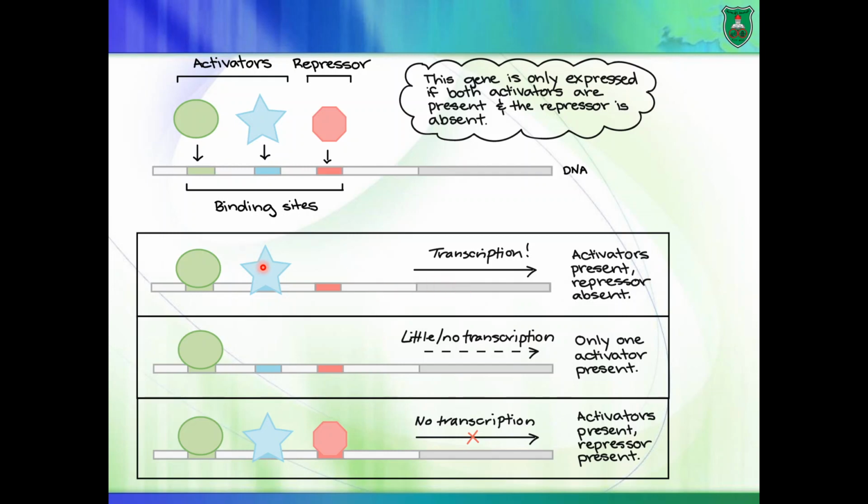So right here, for example, you have an activator that would induce little transcription. If more of these activators bind to DNA, they induce a lot of transcription. If one of them binds, there would be little or no transcription, so having more of them would induce a lot of transcription. If you have a repressor that binds to a certain DNA region, it might block transcription altogether. So that's the whole idea behind it.